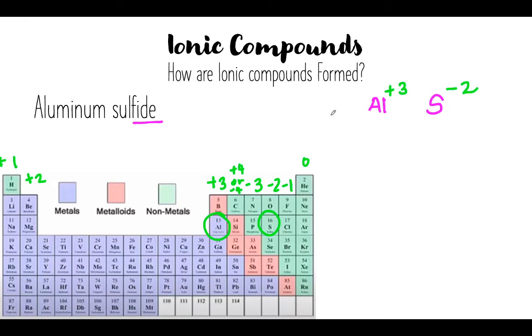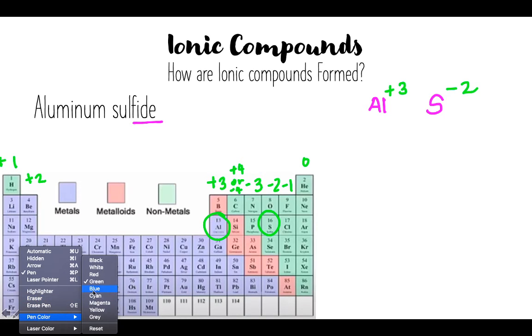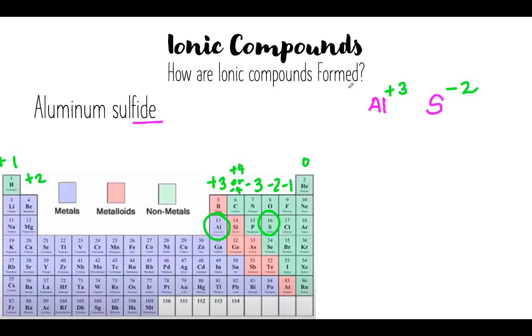Okay, so I've got my element symbols written out. I've written out the charges, +3 and -2. And now what's going to happen is that I'm going to crisscross. So I'm going to switch up these numbers. So let me choose a different color so it's easier for you to identify what I'm doing.